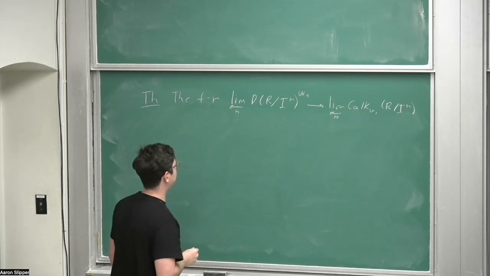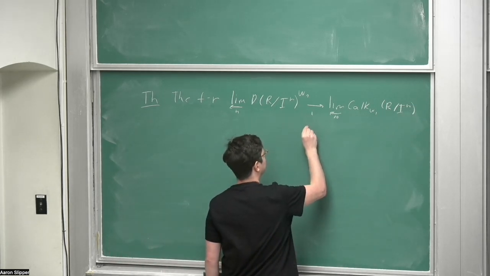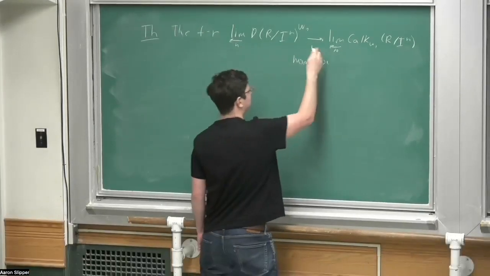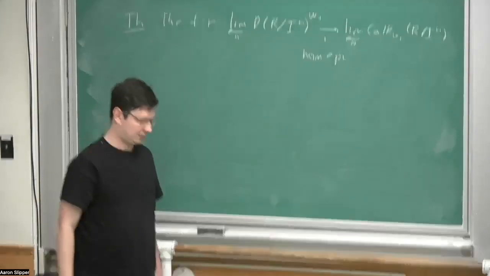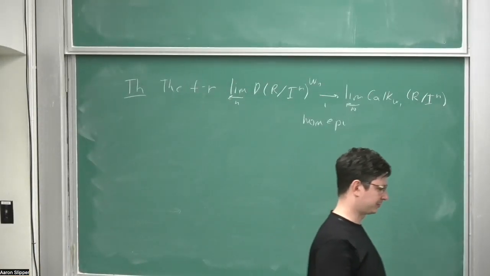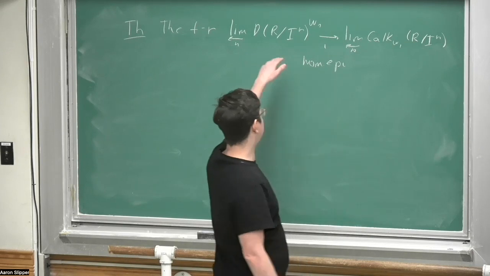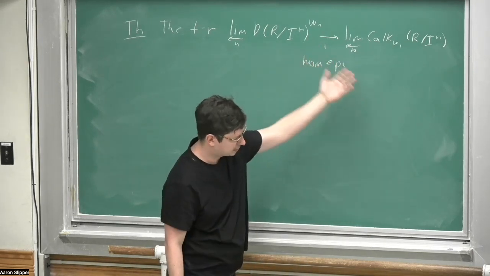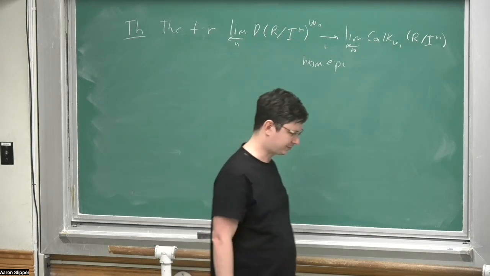The statement is that this functor is a homological epimorphism. Both of these categories are small, and so the notion of homological epimorphism makes sense. Again, it means that after taking ind-completion, we get a functor for which the right adjoint is fully faithful.